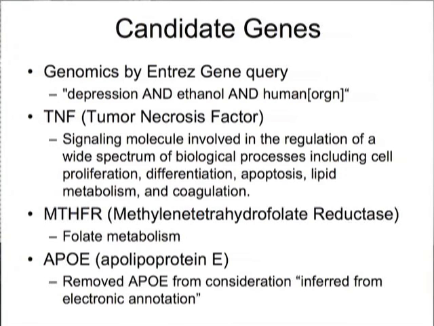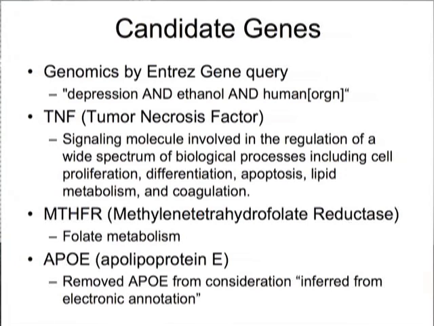And from that query I got 3 candidate genes: tumor necrosis factor, which is a signaling molecule that sets off signal transduction pathways within the cell; methylene tetrahydrofolate reductase, which I'm going to call MTHFR, which is an enzyme essential in folate metabolism; and apolipoprotein E, which you probably have heard of in relation to Alzheimer's disease.